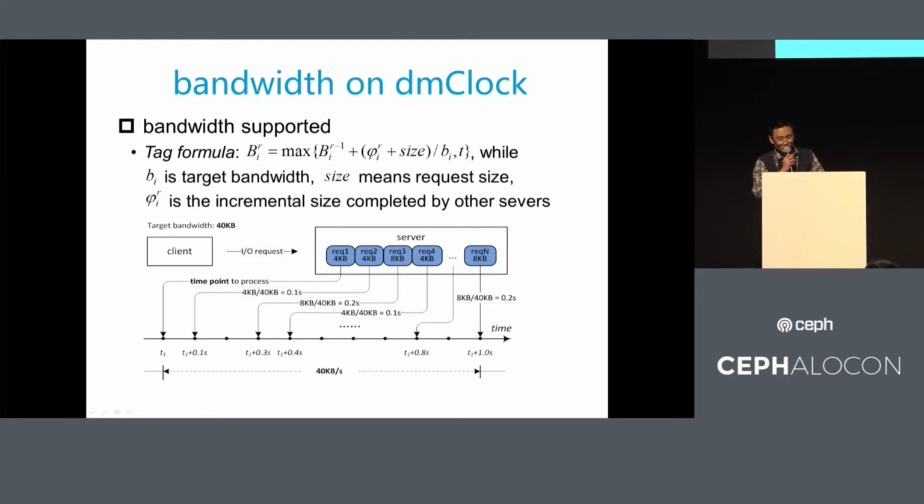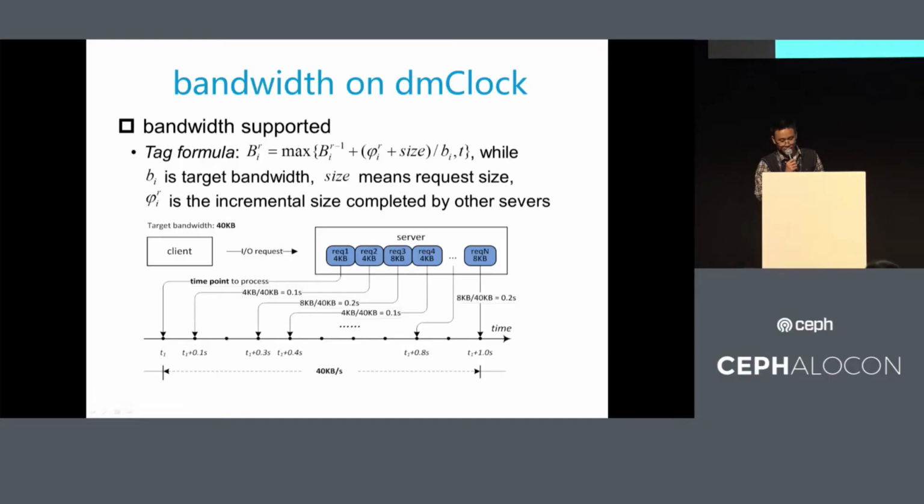Request 1 is processed at the time T1 here. And the subsequent request will be processed after the last one according to its own size. Request 2 is 4 kilobytes, so it will be processed at 0.1 seconds after request 1. Request 3 is 8 kilobytes, so it will be processed at 0.2 seconds after request 2.